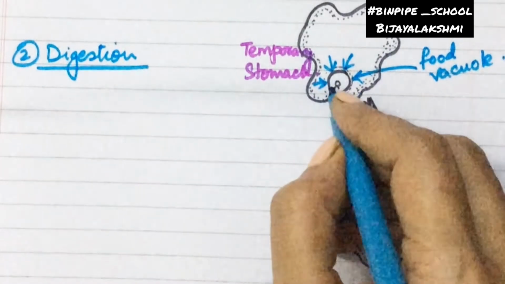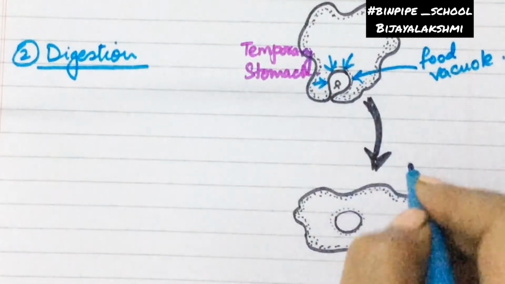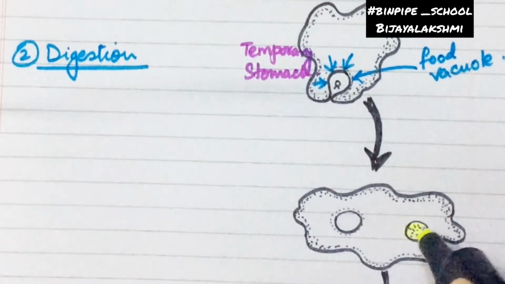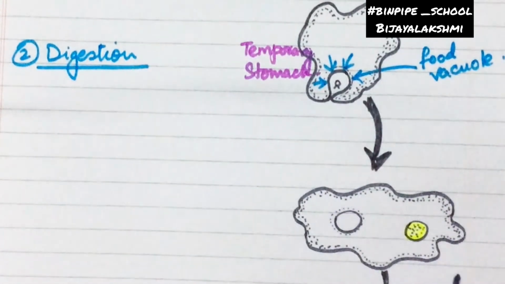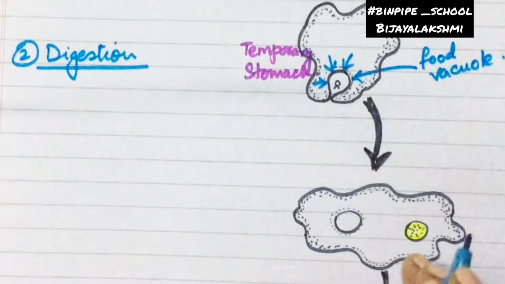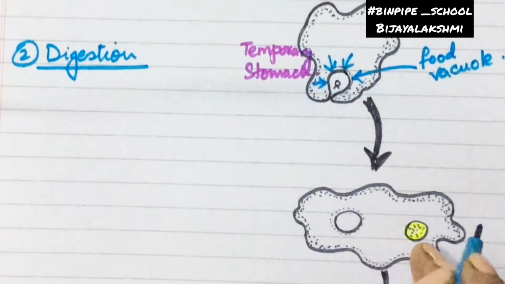As the food particles start breaking down, they form smaller soluble molecules. Clear? As it forms smaller soluble molecules, gradually the food starts dissolving and it gets digested.